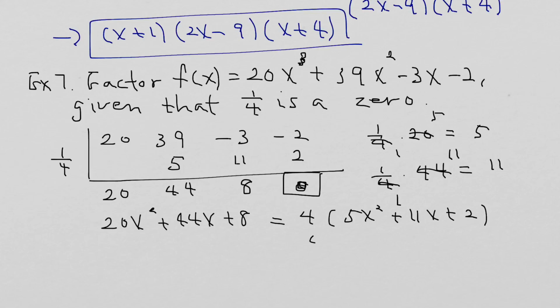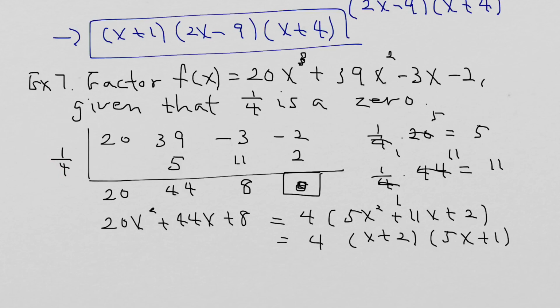And when you factor that, you get x plus 2 and 5x plus 1. And don't forget the 1/4 you had, right? You also had this 1/4 right there. This is one of your factors. So you need to put that back.